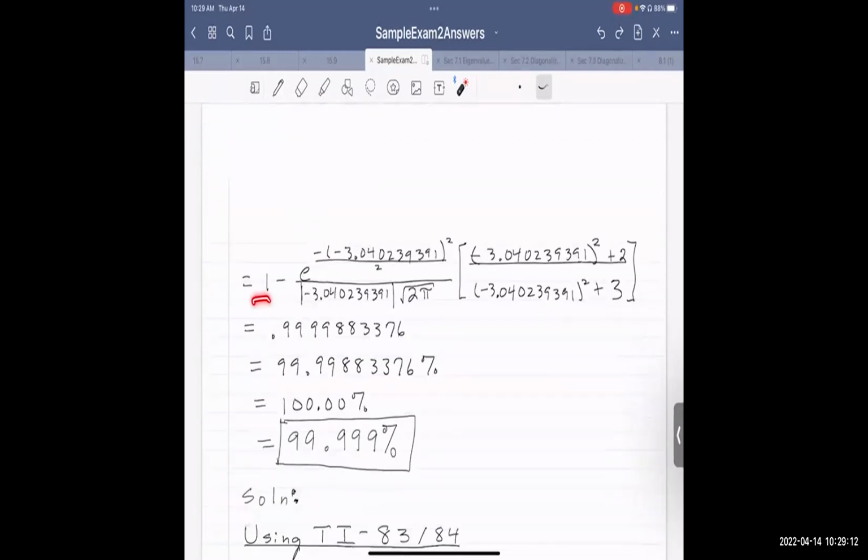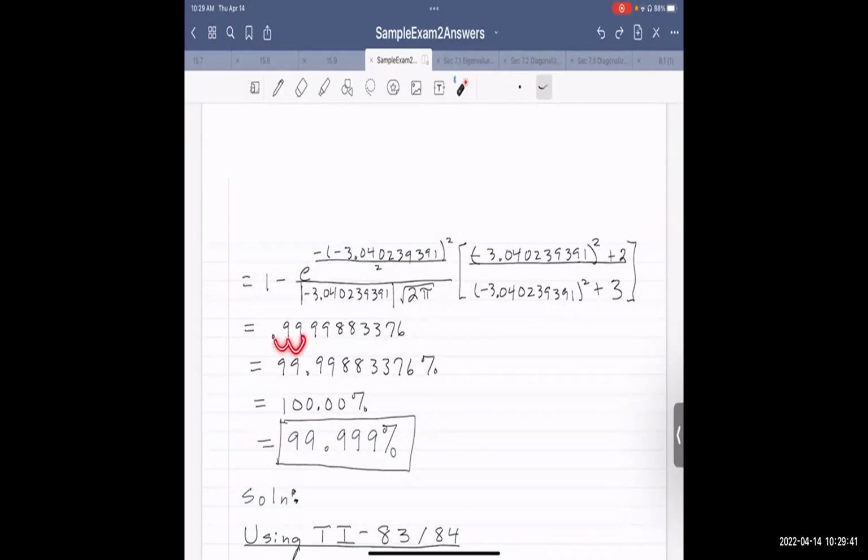And so 1 minus, and let's plug it in. It's e to the minus z squared divided by 2, all divided by the absolute value of z times the square root of 2 pi times z squared plus 2 over z squared plus 3. And so I get 0.9999883376.